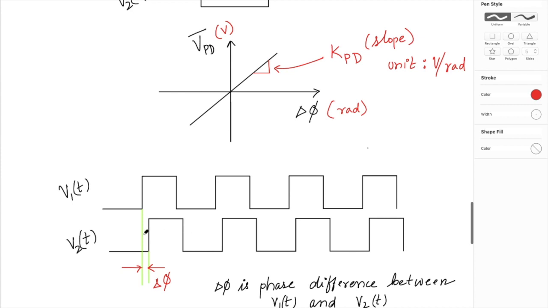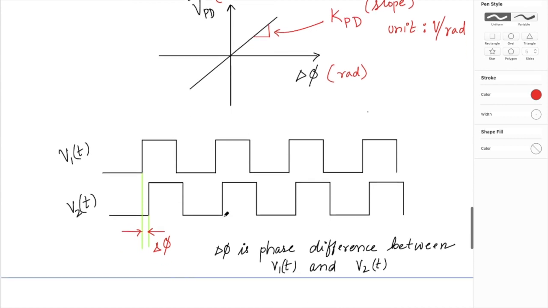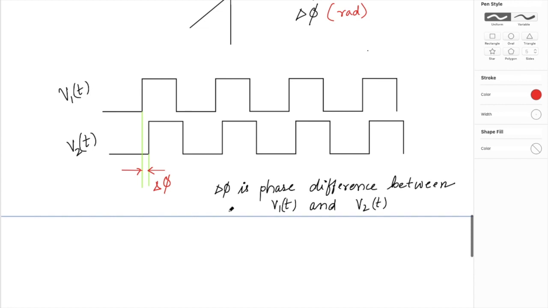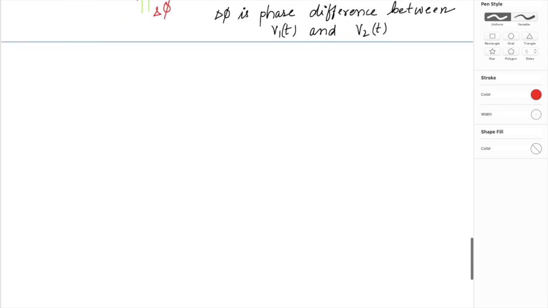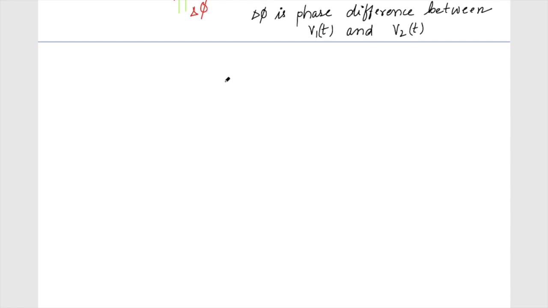Whereas if both clocks are almost in the same phase, the average voltage output of the PD should be very small. The only logic which satisfies this condition is basically an XOR circuit. So using an XOR, I can easily implement a phase detector. XOR can be used as a phase detector.